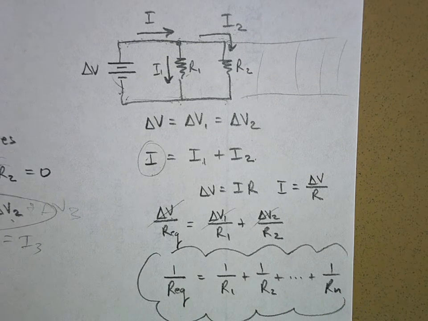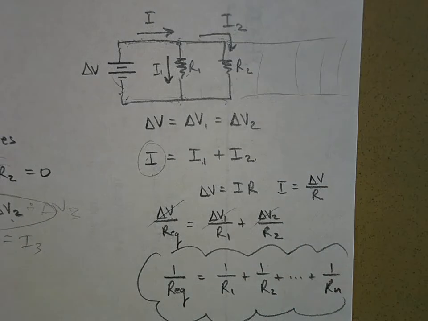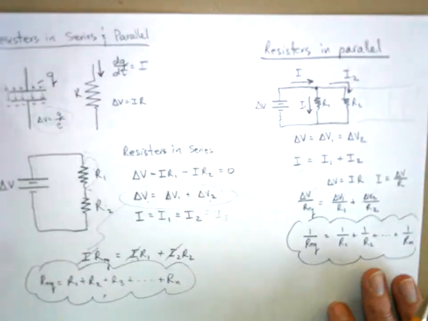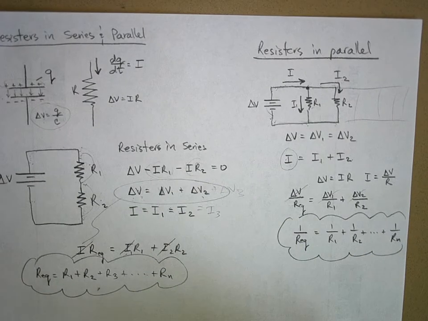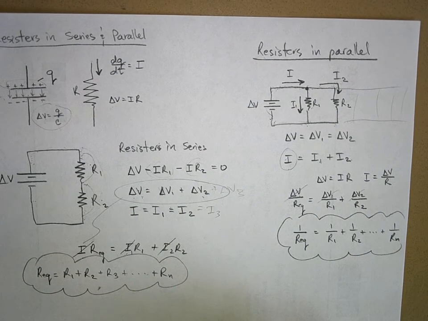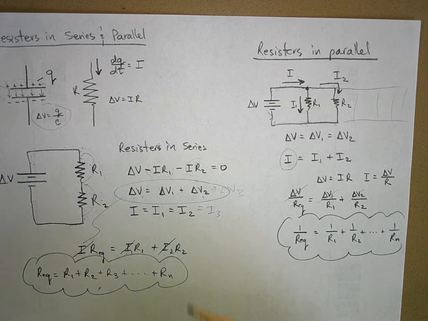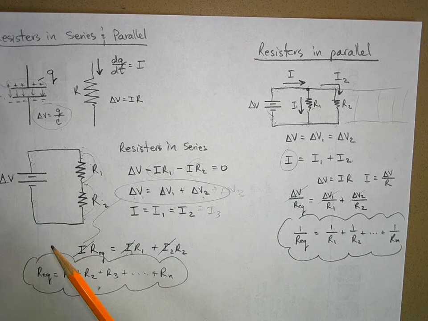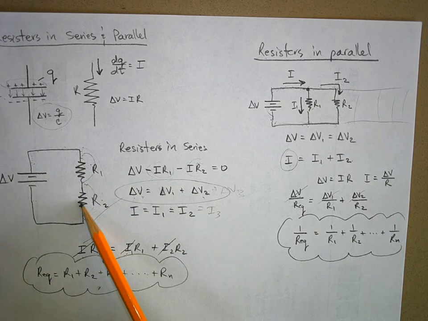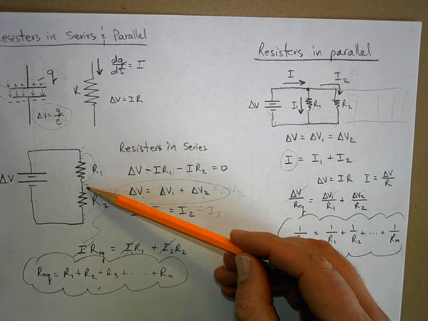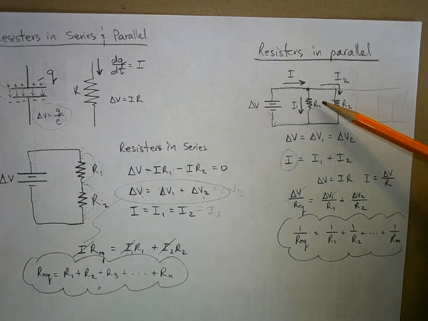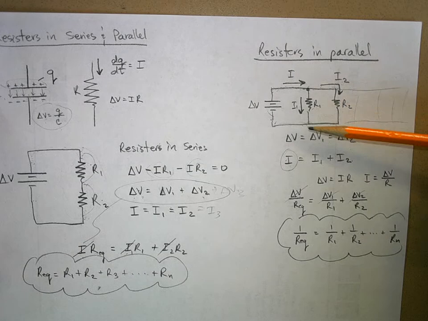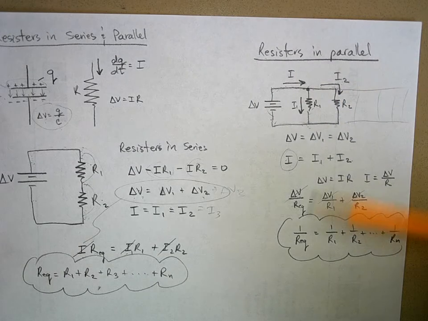Okay, now here are the big ideas that you need to use to solve these circuit problems. And they're very similar to the capacitor problems that we've done. And they can be just as irritating. First of all, resistors in series have the same current, but they split up the voltage drops. Where resistors in parallel have the same voltage drop, but they split up the current.